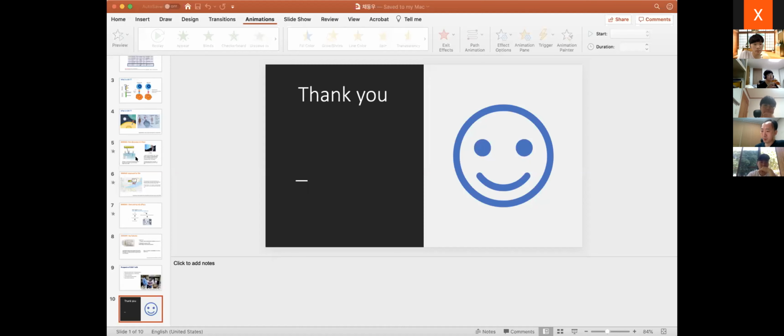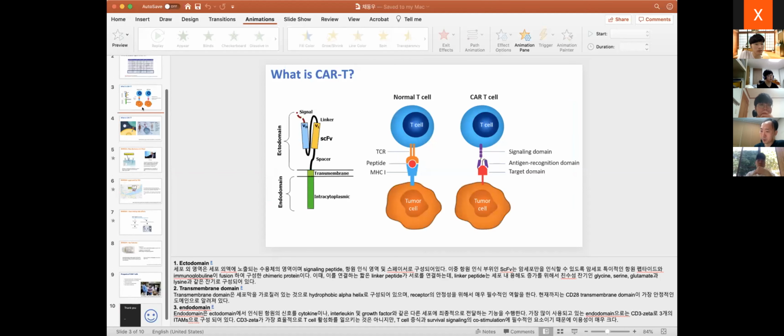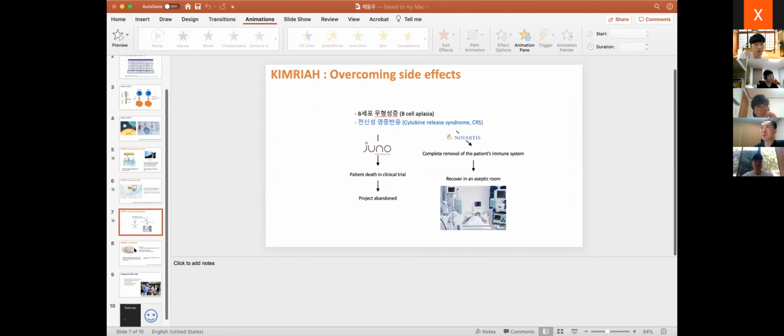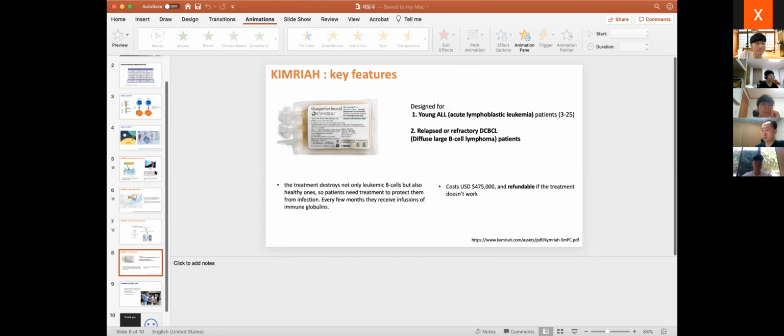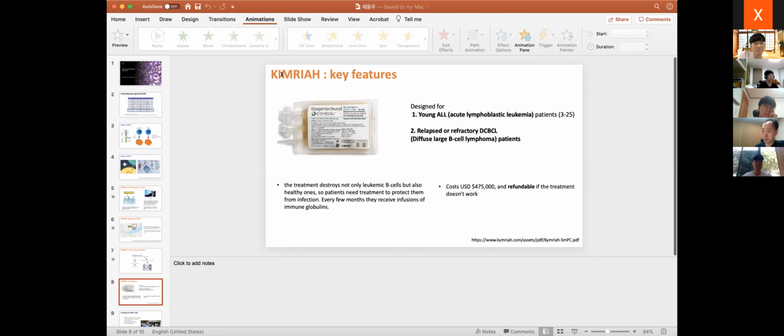Okay, thank you, Dongwoo. Questions for Dongwoo? In the image that you showed, the drugs slide, number 8. I was curious because the name of the drug has Kim, which is kind of Korean. At first I thought the drug is related to Korean bodies or something, but in the image it said KYM.